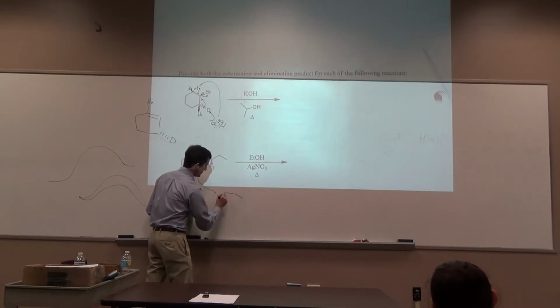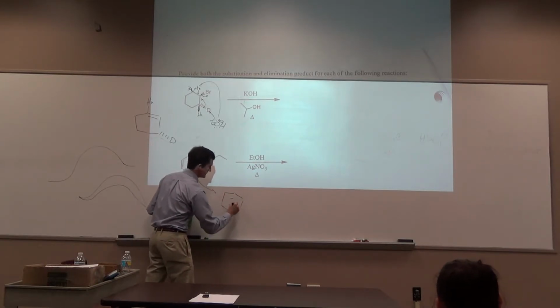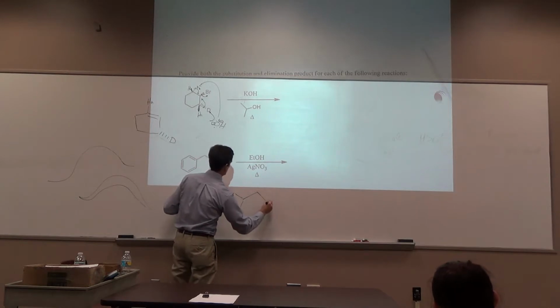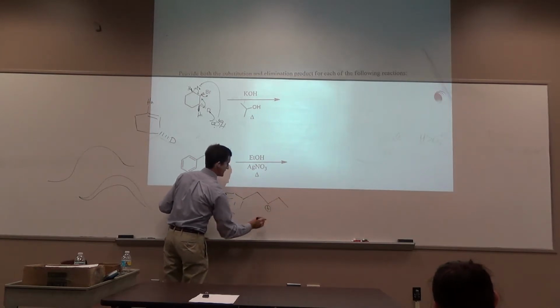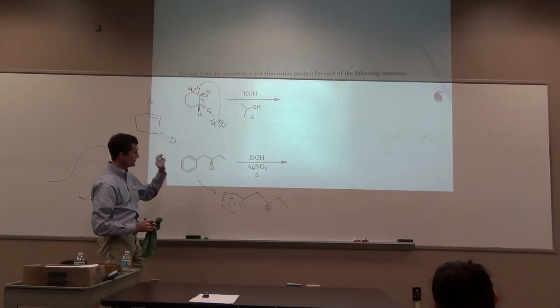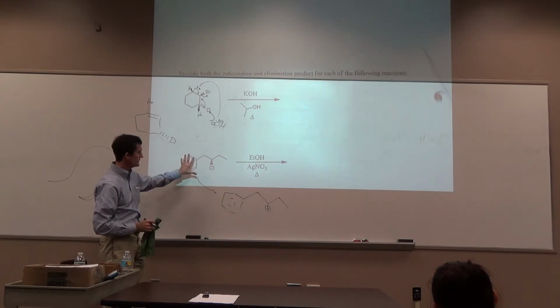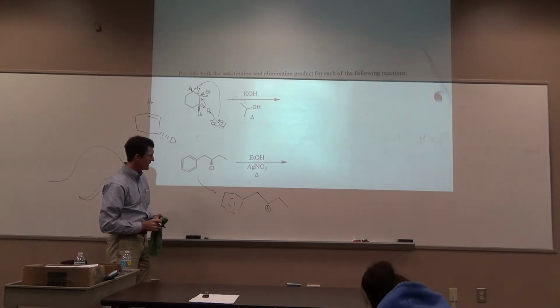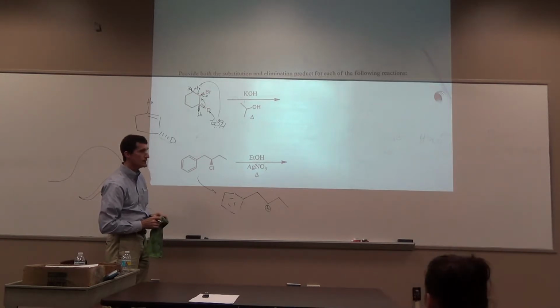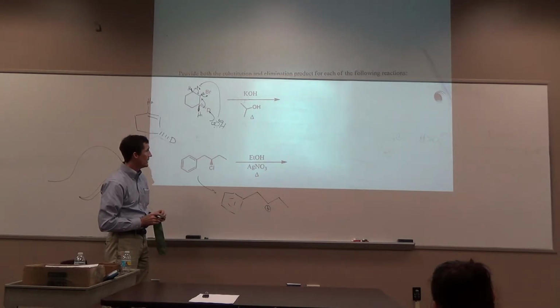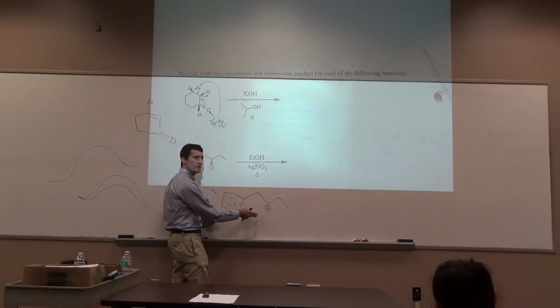We can get to... not there. I'm not going to do the full mechanism. Hopefully you get to that point. So what's the final product? What's going to happen at this point?